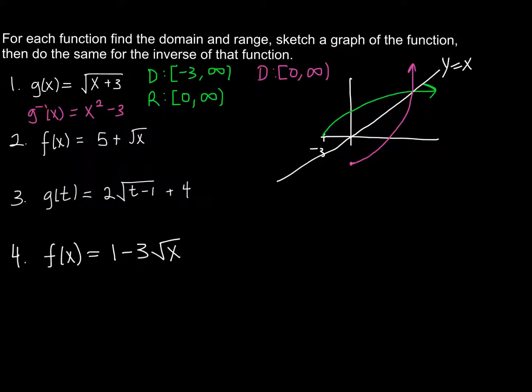The first x value that I can plot is when x is 0, and I can go all the way out to positive infinity. And similarly, that means that the range, I can see this by looking at the graph as well, but also noting that the range of my inverse is the domain of my original function. So it will be from negative 3 to infinity. The lowest y value I have is negative 3, and I can go all the way up to positive infinity.